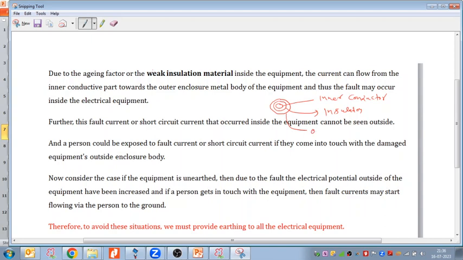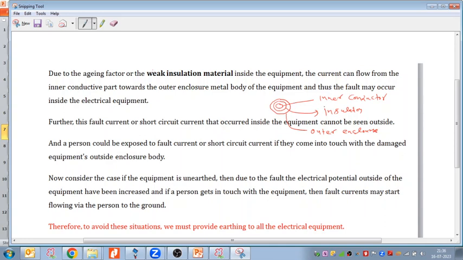And then we have the outer enclosure, which could also be metal, for mechanical protection of the equipment. These are the three components in any electrical equipment in a wider, common aspect.